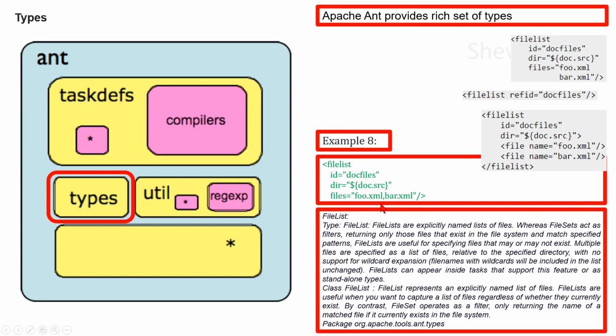File lists are useful for specifying files that may or may not exist. Multiple files are specified as a list of files relative to the specified directory with no support for wildcard expansion. File names with wildcards will be included in the list unchanged. File lists can appear inside tasks that support this feature or as standalone types.